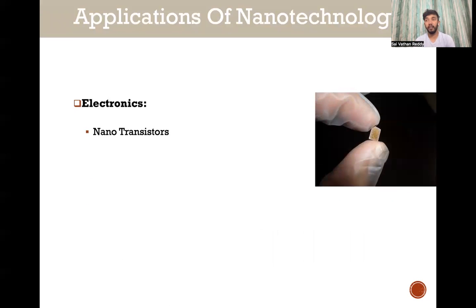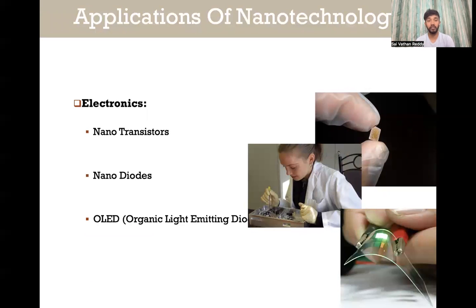Applications of nanotechnology: we have no idea where nanotechnology is right now. It has come so far that every single product we use, from the medical industry, technologies, buildings, fabrics, and textiles, everything uses nanotechnology. In electronics, they use nanotransistors, nanodiodes, and OLEDs.